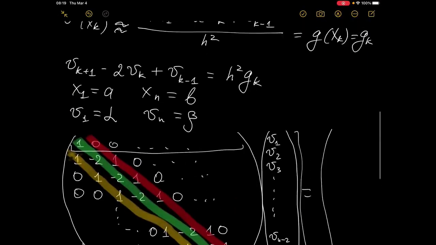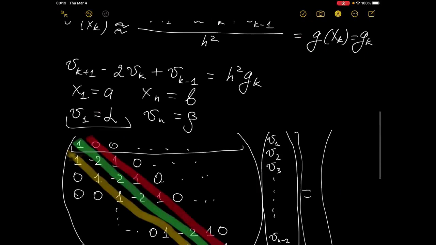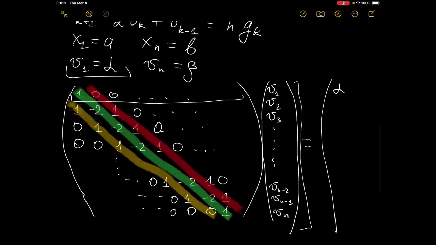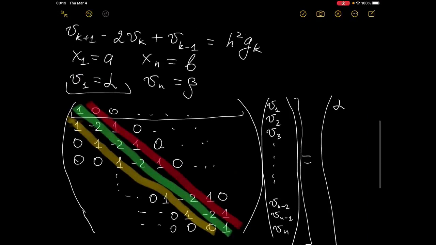We know that v1 is equal to alpha, the boundary condition, and everything else will be the corresponding values of the right hand side from here.